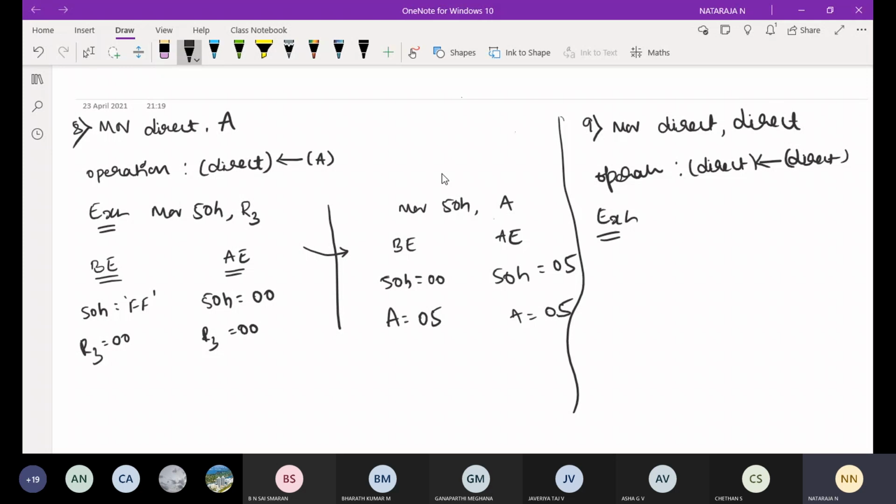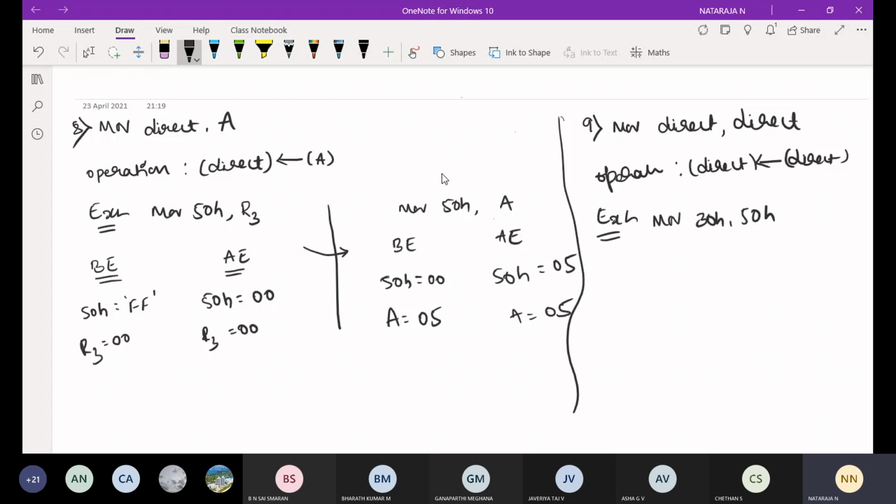Okay. We have to consider two different addresses. For example, move 30H, 50H or 50H, 30H, anything you can take. I'll take move 30H, 50H.